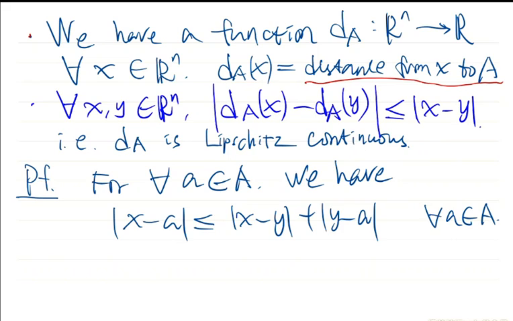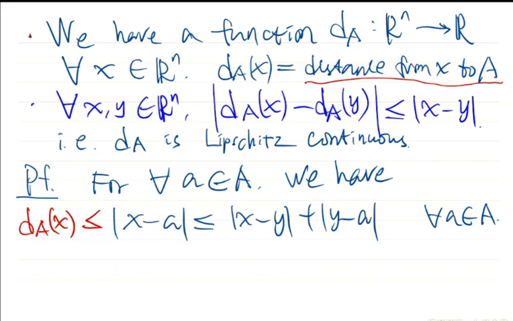But we note that the left hand side, by the definition of d_A, is not less than d_A(x), okay?